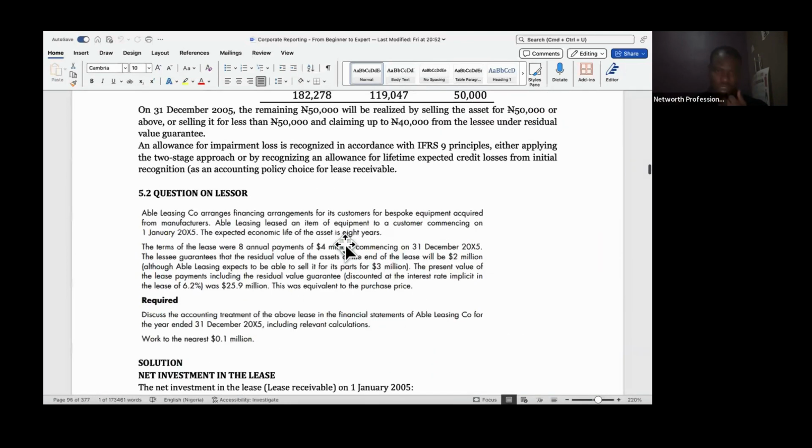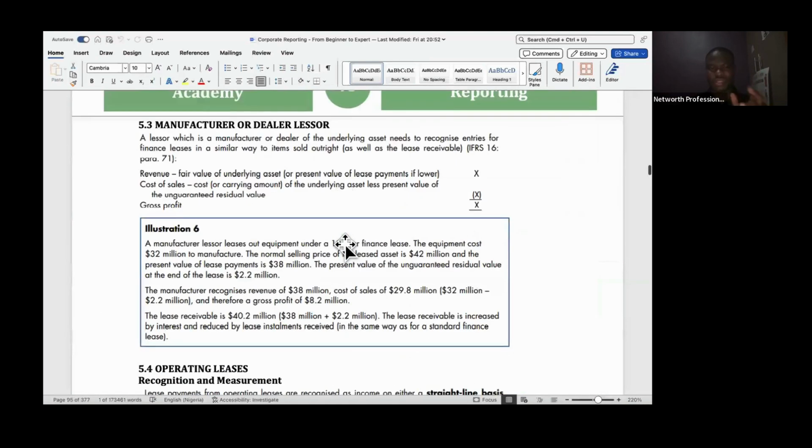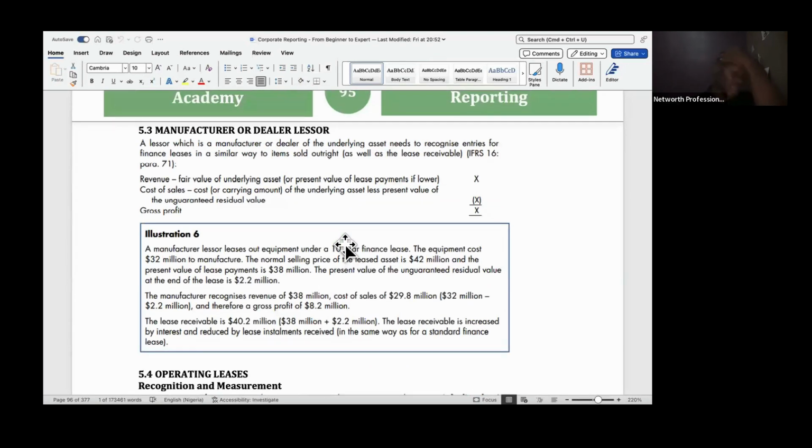Now, the only additional thing is this, and ICAN has not really come out with this aspect. This is a scenario whereby the lessor happens to be a manufacturer or a dealer of that item.